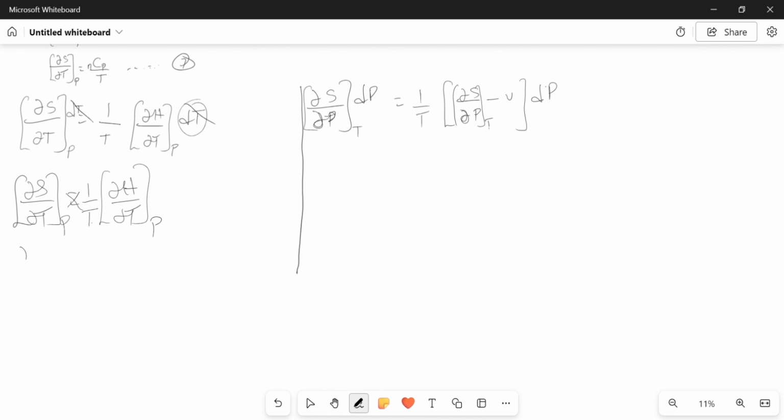So we have del H over del T at constant pressure equal to T times del S over del T at constant pressure. That's what I'm going to have here. Since I have that, now let's differentiate with respect to pressure at constant temperature.